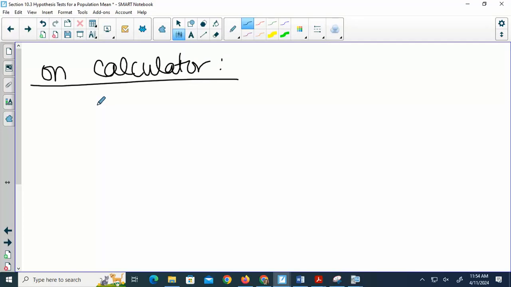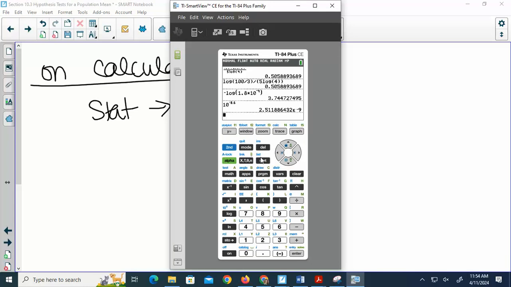We are going to go to stat. Tests. All right. So if we look at our options, stat tests, we are going to do number 2, the t-test. And with these, you know if you pick the wrong one because it's going to ask you for information you don't have.